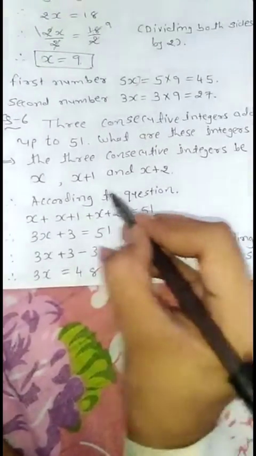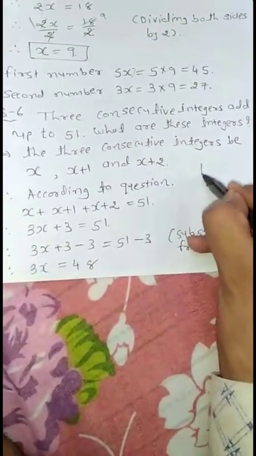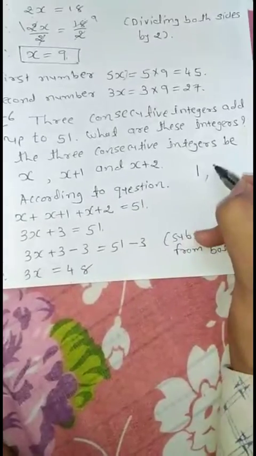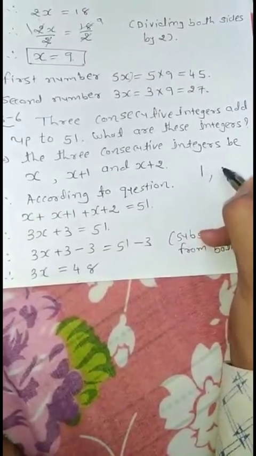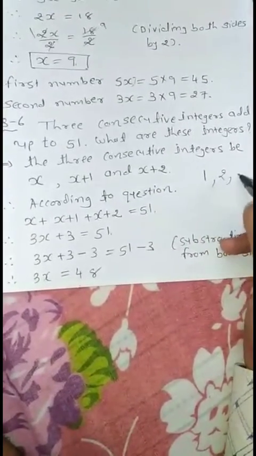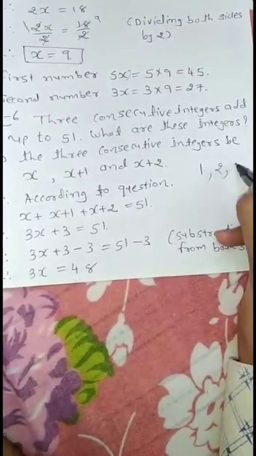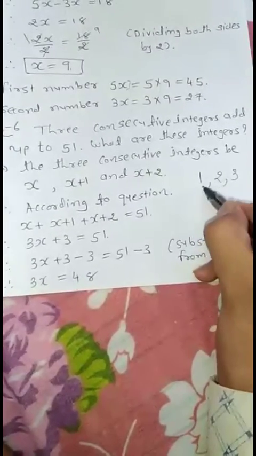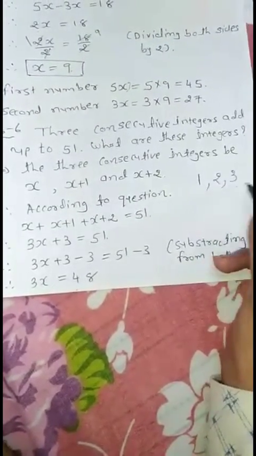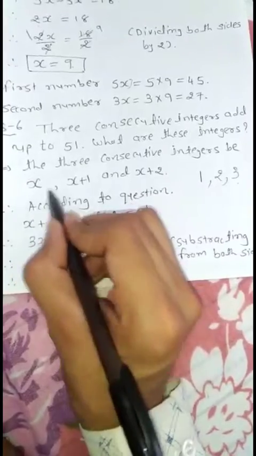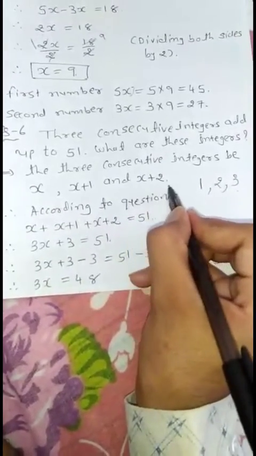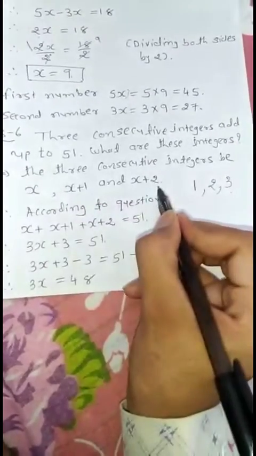We take one example. We take 1, then 1 plus 1 is 2, and 2 plus 1 is equal to 3. So these 3 are consecutive numbers. So here x plus 1 and x plus 2 are the consecutive numbers.